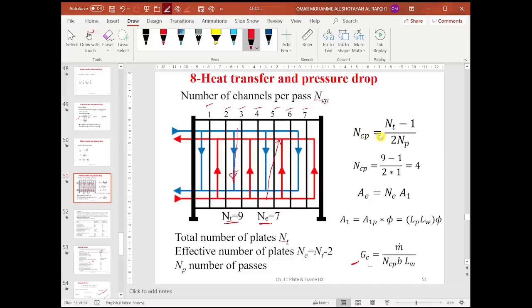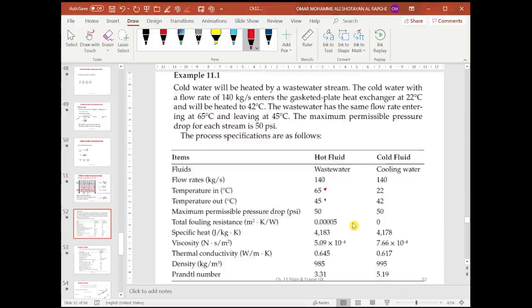For this situation, N total is 9 and the number of passes is 1, so you get NCP is 4. You can use it here in order to get the mass velocity, from which you can also get the Reynolds number, and you go to table 11.6 to find the heat transfer and the pressure drop.